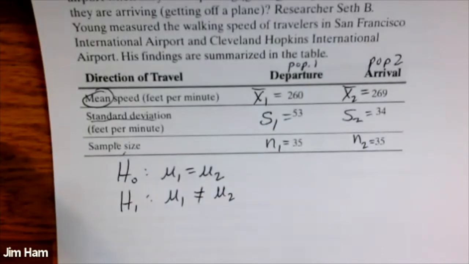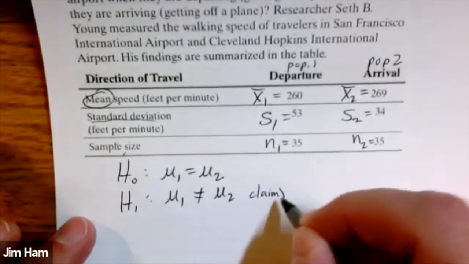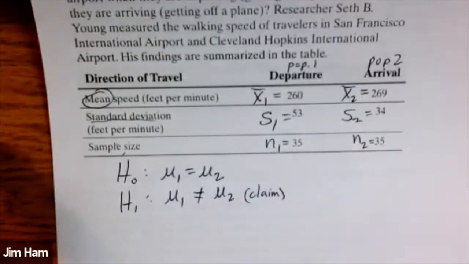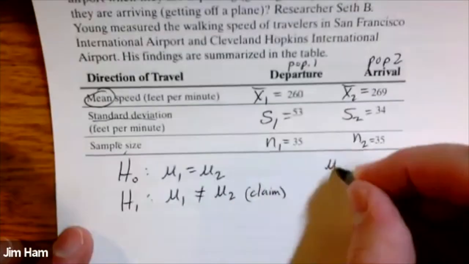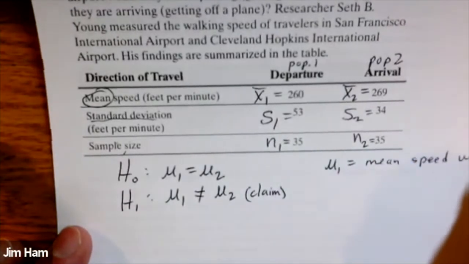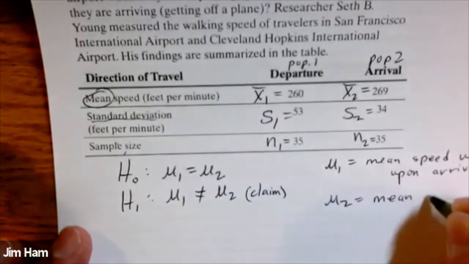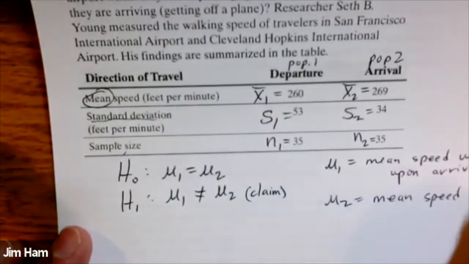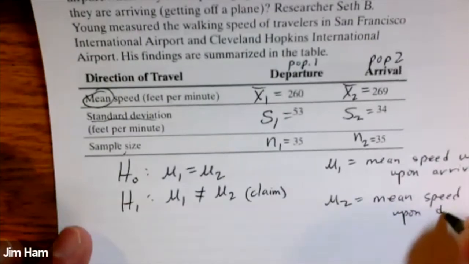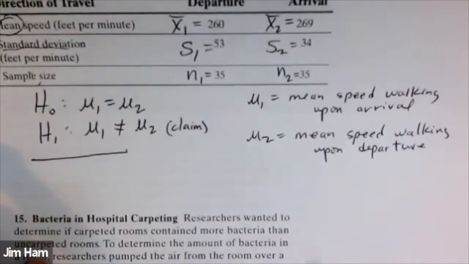Now, the way that the question is phrased, I suppose you can put the claim either place. I'm thinking that it goes here because they're indicating from their question that there is a difference, they just don't know what it is. Mu1 equals the mean speed walking upon arrival, and mu2 is the mean speed walking upon departure, or something along those lines. All right, two-tailed test, the not equal to.